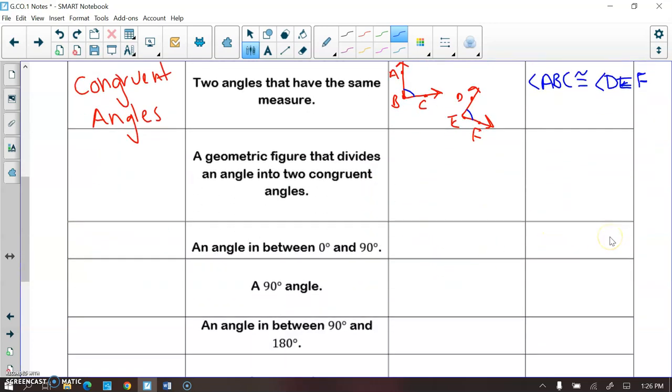A geometric figure that divides an angle into two congruent parts. So instead of a segment bisector, this is an angle bisector. So you would see something like this.